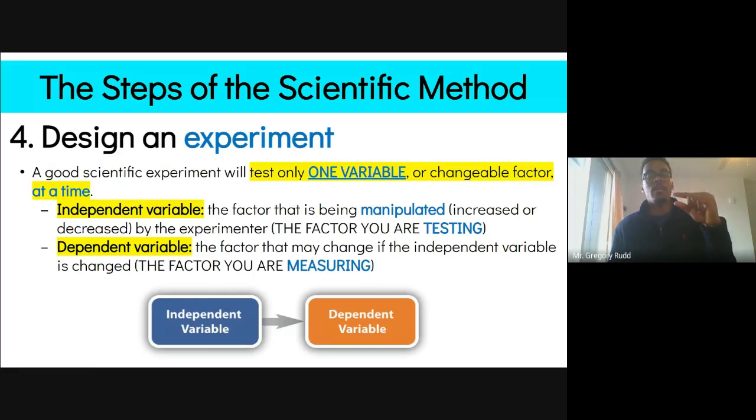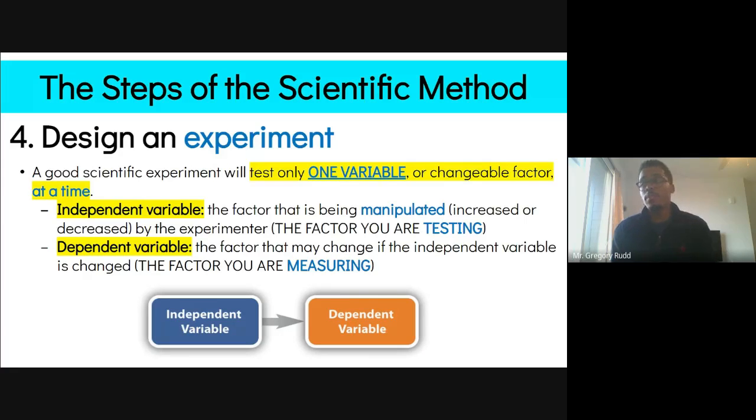You want to be able to tinker with one variable just a little bit, and be able to observe what happens to everything else. So a good scientific experiment will test only one variable at a time, and a variable is just a changeable factor. There are in general, two types of variables: the independent variable and the dependent variable.